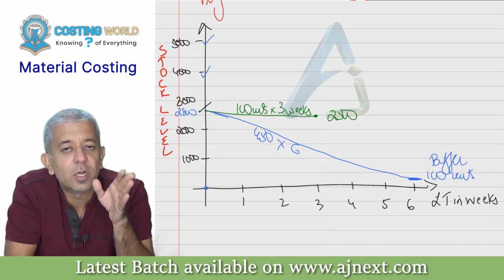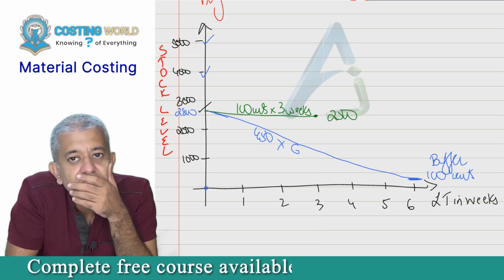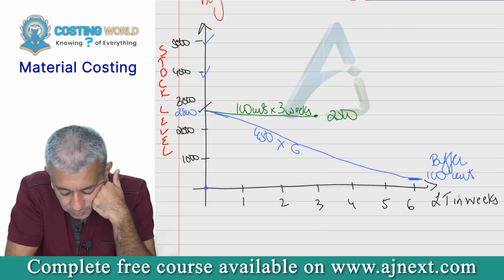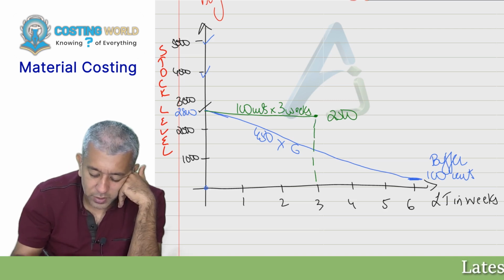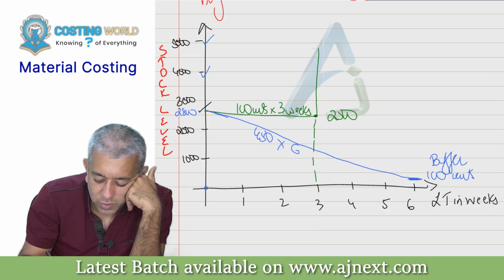But obviously you all tell me 3 weeks are also over. On this day, who will come? Supplier. What will he bring with himself? 2,400 units. Okay, so therefore in this particular case, stock will be rising by 2,400.